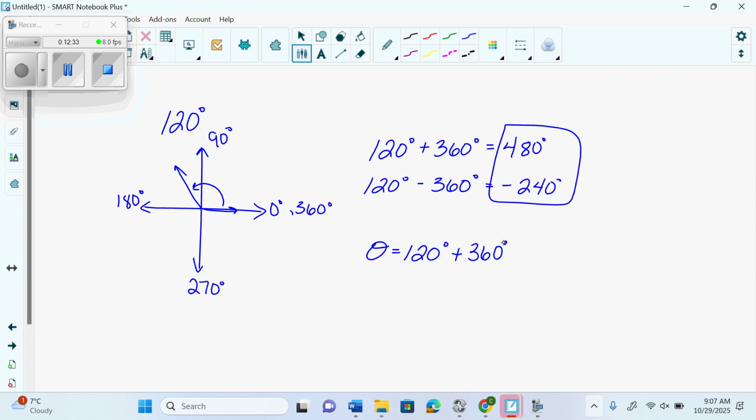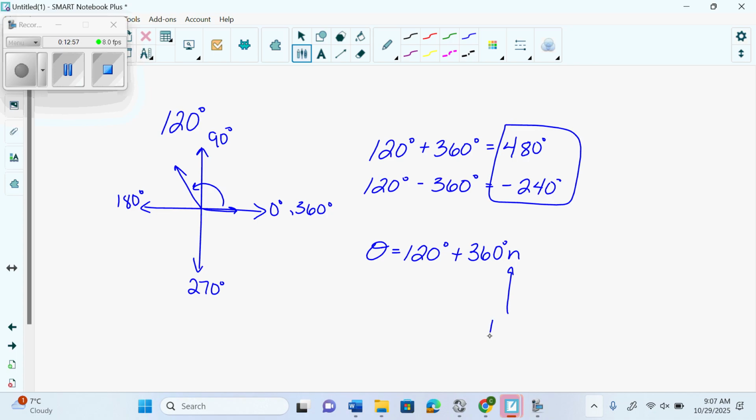Then they put an n back here. N being a variable. We need a variable because I'm going to add 360, or I'm going to add 720, or I'm going to add negative 360, or I'm going to add negative 720, correct? So that n represents something. I have to figure out what the n represents. So if I go 120 plus 360 n, what numbers could I put in there? What would you put?